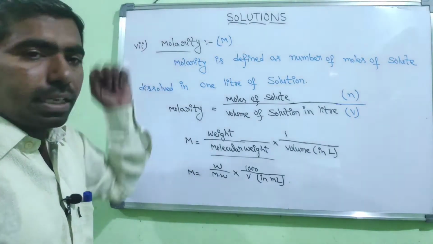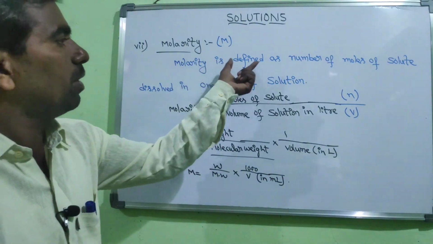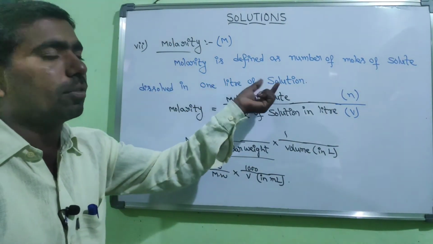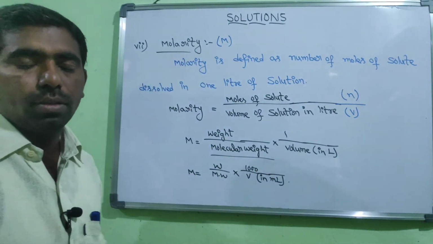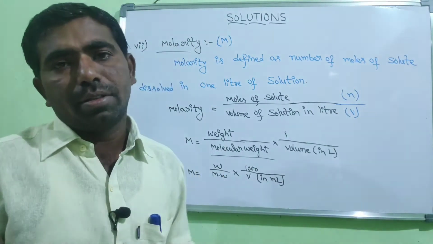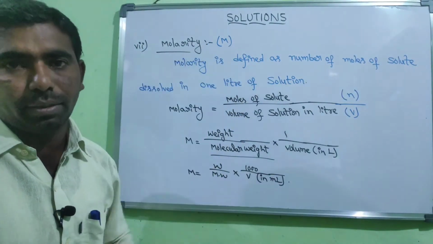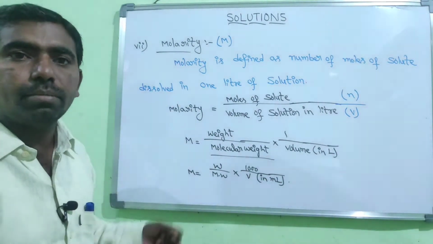The next method is molarity. The symbol for this is capital M. Molarity is defined as the number of moles of solute dissolved in 1 liter of solution. So this is the definition of molarity. It means how many moles of solute are dissolved in 1 liter of solution. This is the mathematical expression for molarity.